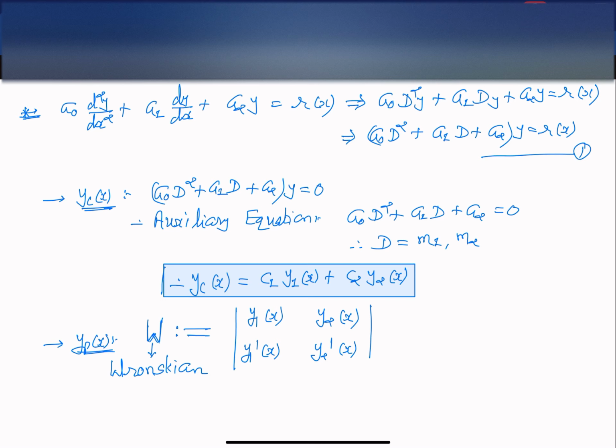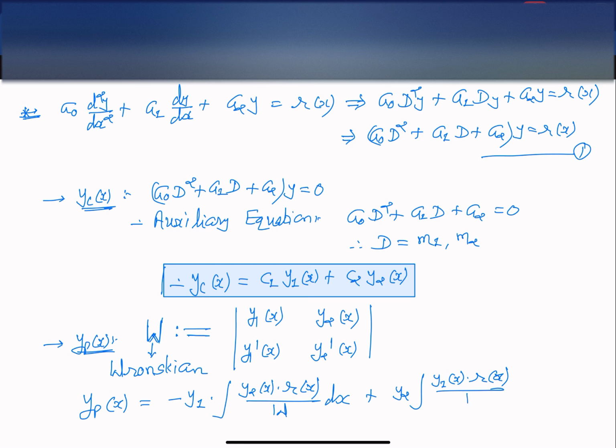And then in the variation of parameters method, the formula for yp(x) is defined by minus y1 into the integration of y2(x) R(x) divided by the Wronskian, plus y2 into the integration of y1(x) R(x) divided by W dx.